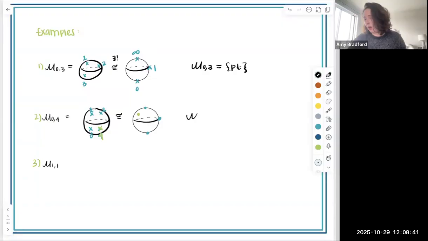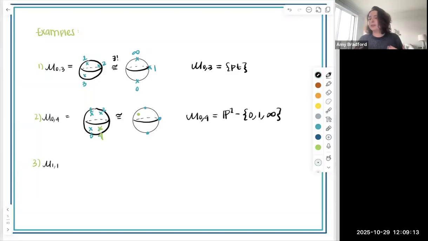And so I can parameterize this by saying, well, that last green point can land anywhere on this surface, which I'll denote as P^1. So we can put this anywhere on this P^1. But I don't want my marked points to collide. So in other words, I don't want this green point to land on any of these 3 special points. So I'm just going to take P^1 and subtract 0, 1, and infinity. And that's going to give me this description of M_{0,4}.